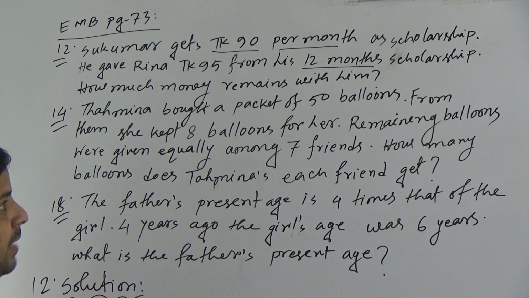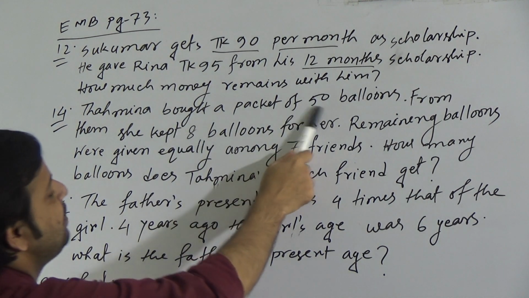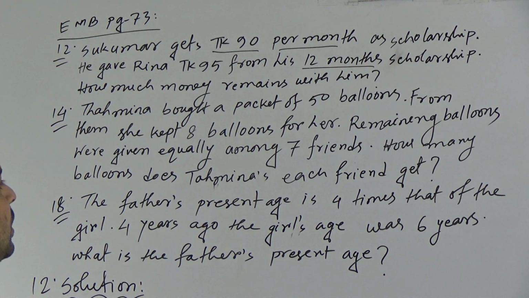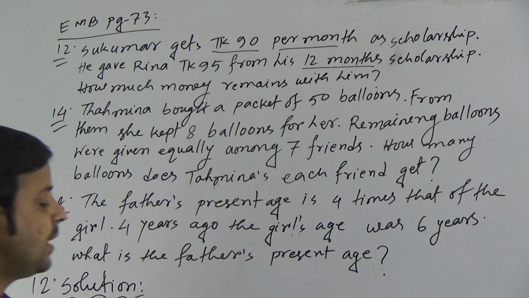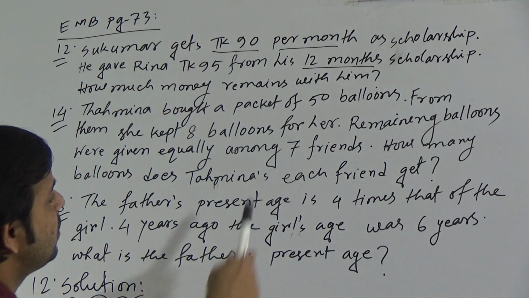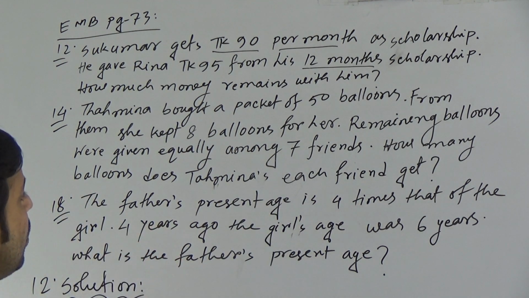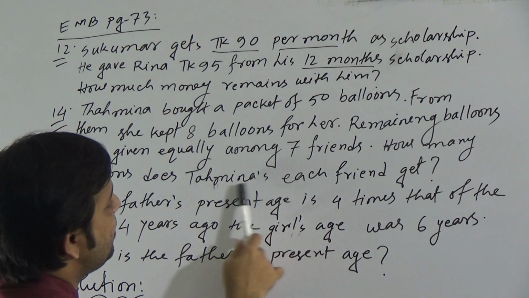It means that at first we have to subtract 8 balloons from 50 balloons. We'll get the remaining balloons. Now, if we divide the remaining balloons by 7, we'll get the required number of balloons which each friend will get.